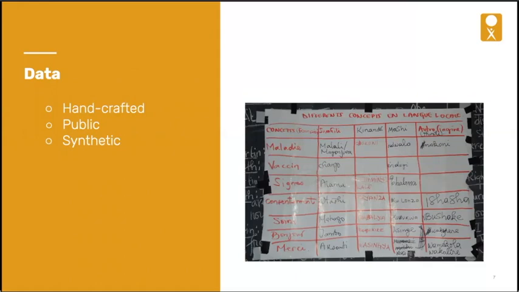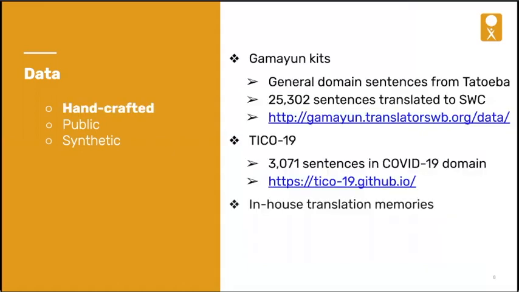First, the Gamayun kits. These kits consist of sentences originally sourced from Tatoeba, which means general domain sentences, day-to-day language. We took a portion of that set and translated them manually to Congolese Swahili. For this work, we present a set of 25,000 sentences and shared them publicly in our project portal.